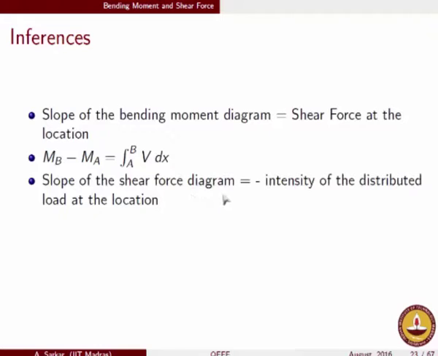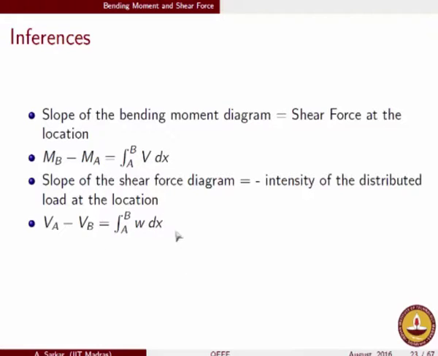Similarly, we have the slope of the shear force diagram as the negative of the intensity of the distributed load at that location. So again we have a similar interpretation in terms of integral, but to account for the change in sign, this time it is VA minus VB, which is the integral of w dx from A to B. In the last case we had MB minus MA, which is the integral of the shear force diagram.